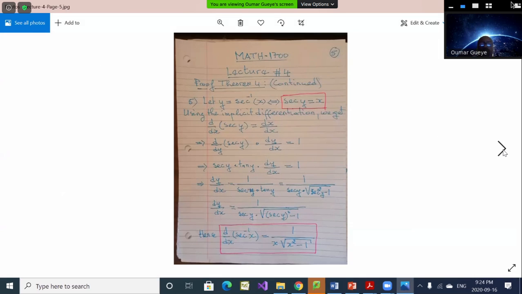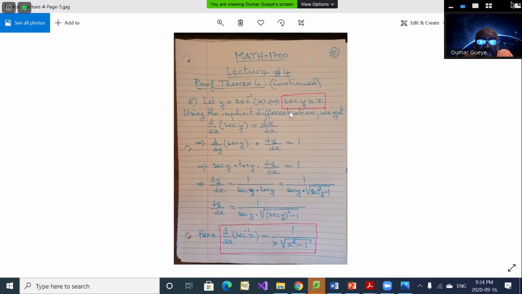Number 5. We would like to get the derivative of secant inverse. Again, we're going to use the same technique by setting y equal to secant inverse of x. When we apply secant on both sides of this equation, the left-hand side becomes secant of y, and the right-hand side becomes only x because the secant and secant inverse cancel out, as you know.